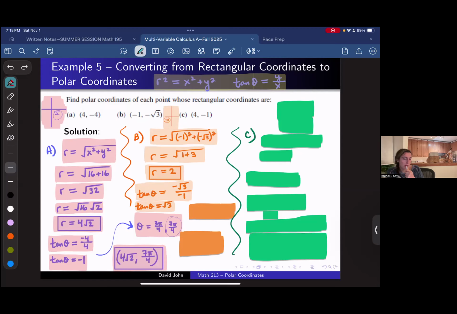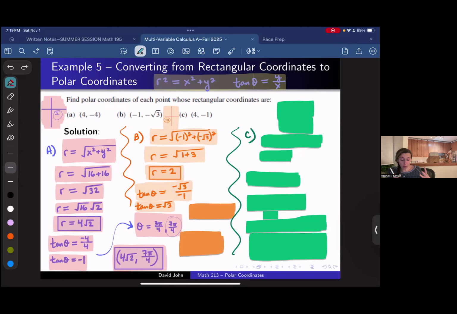And so again, sine over cosine, this is going to be pi over 3, also known as 60 degrees, because sine of pi over 3 is square root of 3 over 2, and cosine of pi over 3 is 1/2. So you divide the 2 and you get square root of 3 over 1.